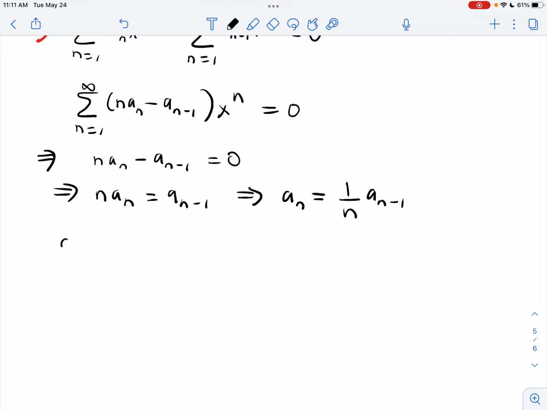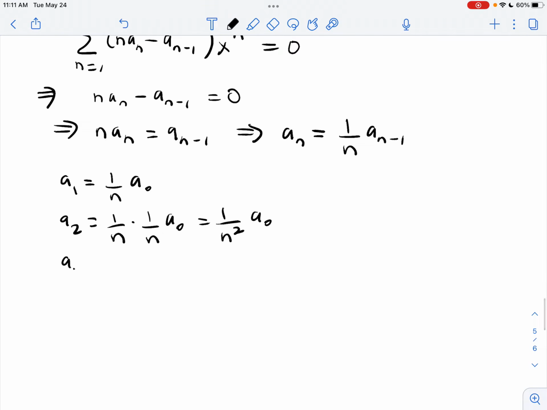Okay, so what does this mean? This means that a1 is going to be 1 over n a0, and a2 is going to be 1 over n times 1 over n a0, which is 1 over n squared a0. A3 is 1 over n times 1 over n squared a0, which is 1 over n cubed a0.